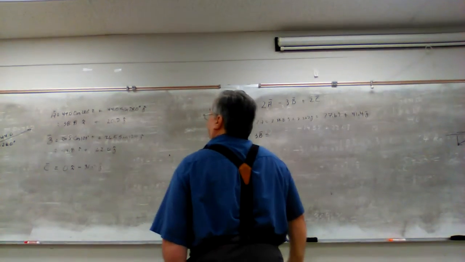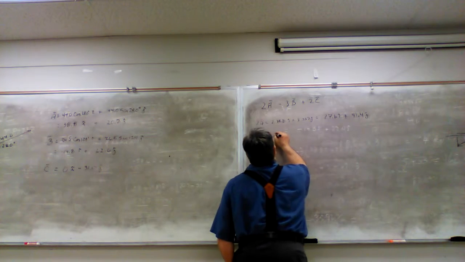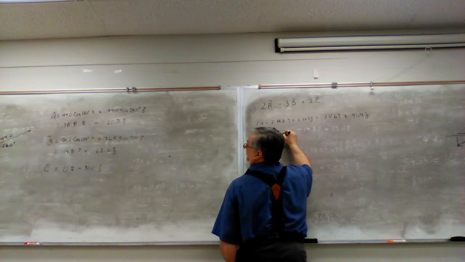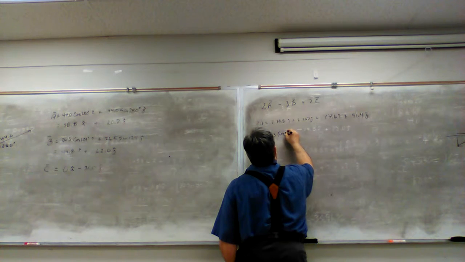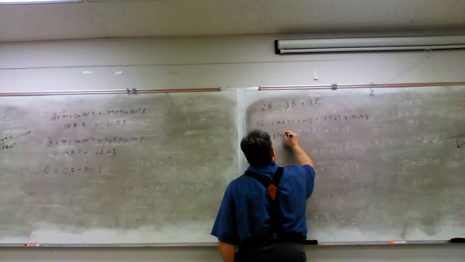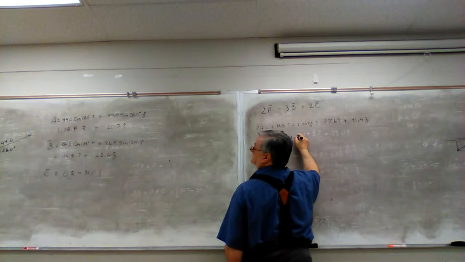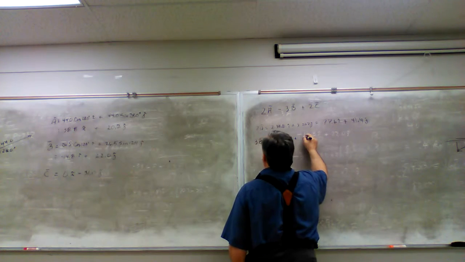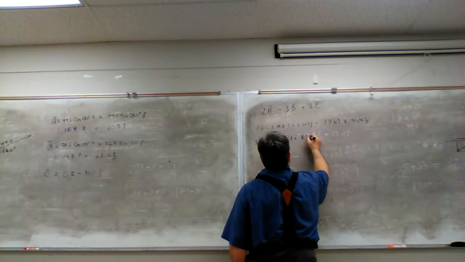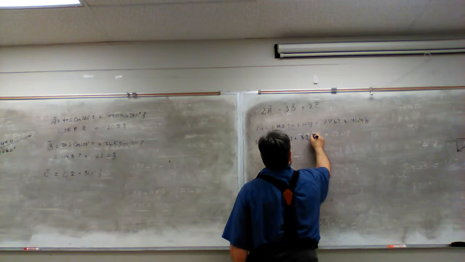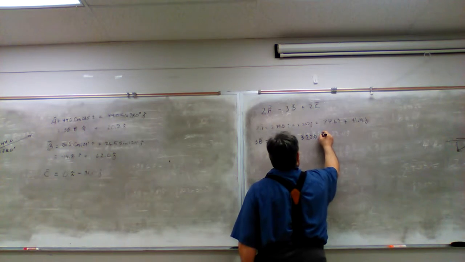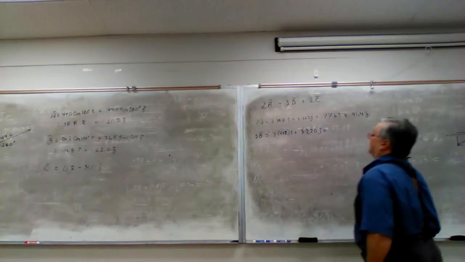3 times B is 3 times negative 14.8 I plus 3 times 22.0J. What's 3 times 14.8?